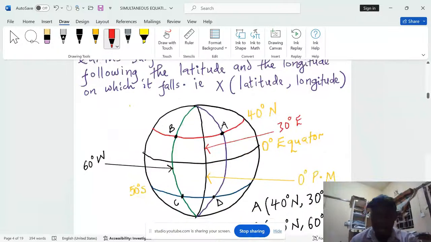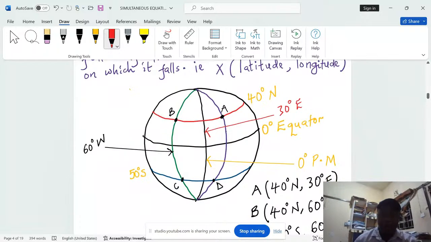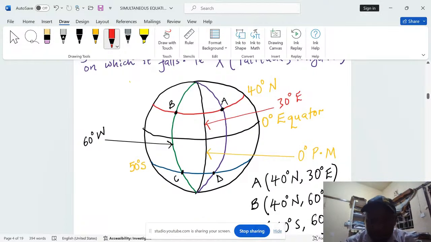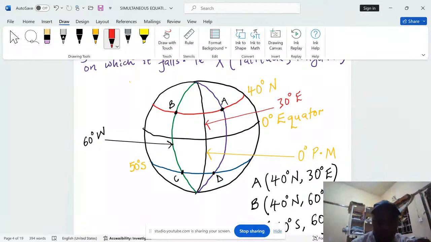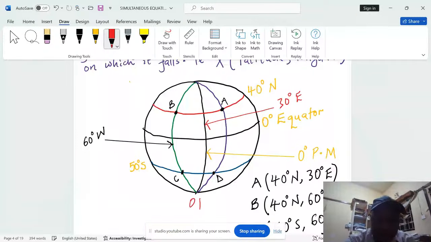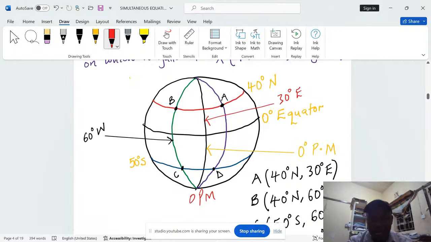Let us consider the case here, whereby we have some longitudes and some latitudes intersecting to locate some places. For example, we have the 0 degrees equator, and there is also the 0 degrees prime meridian. Therefore, with those two reference lines, we have a latitude 40 degrees here in red, another latitude 50 degrees here in the south.